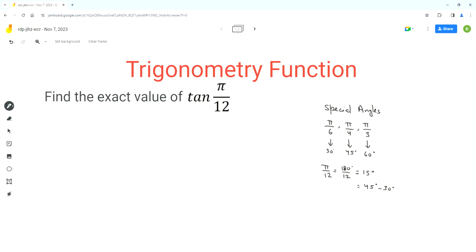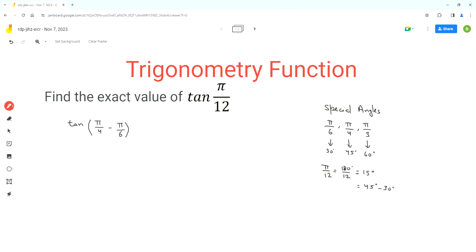So the first step is to break down pi over 12 into a difference of pi over 4 and pi over 6. We can simplify this expression using the tan angle difference identity.